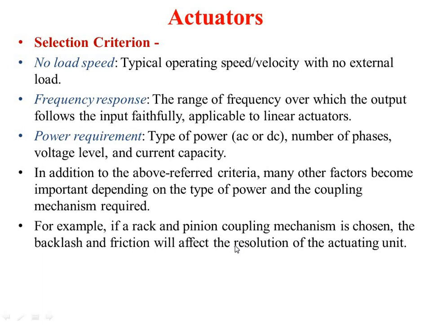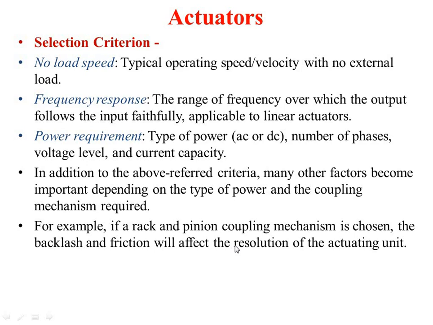And in addition to that, there are many criteria which can be considered, such as power and the coupling mechanism. The example given for the criteria is that a rack and pinion coupling mechanism is chosen. Then backlash and friction will affect the resolution and the actuating unit.